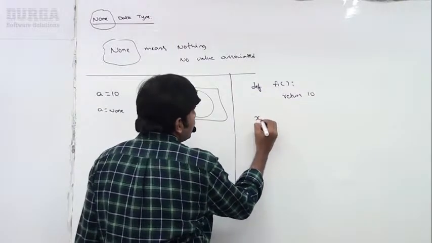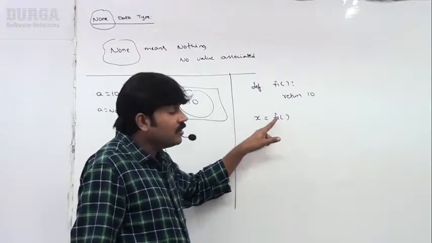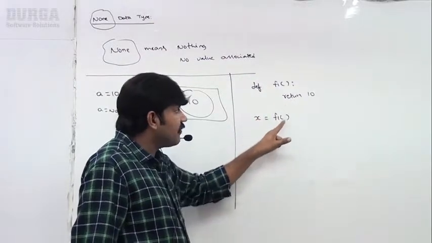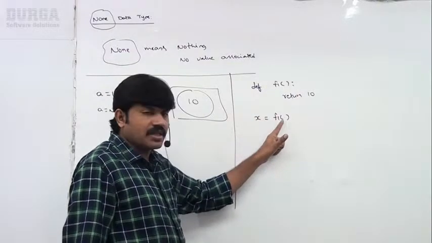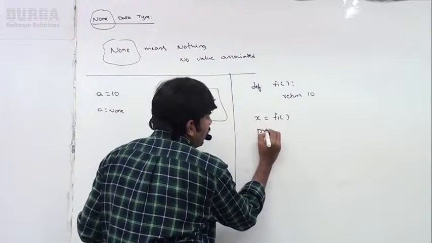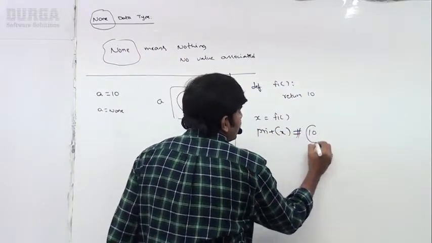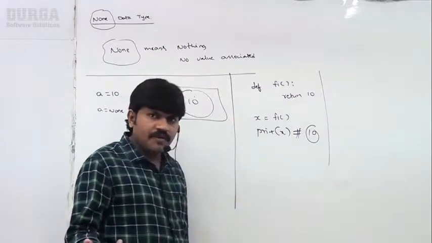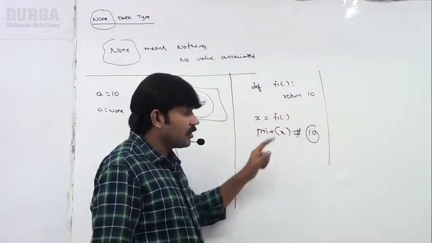Now x = f1(). I'm calling f1, and f1 returns 10. So x is 10. Print of x, what answer are we going to get? 10 itself. Perfect. You are calling a function, that function returns 10, and we print x.